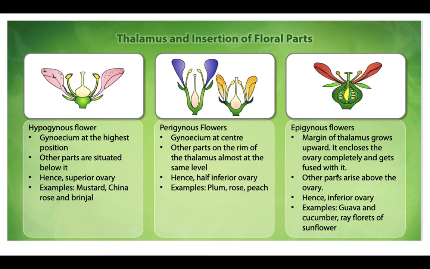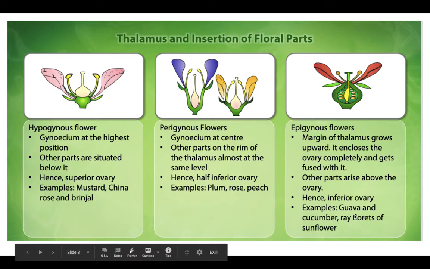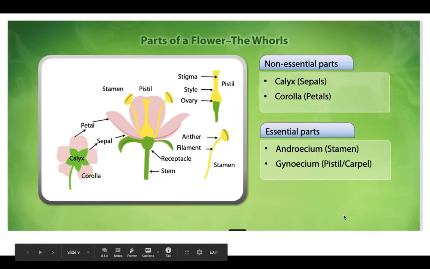Other parts in such a condition of the flower arise above the ovary, and hence the ovary is considered an inferior ovary. Examples of such flowers are guava, cucumber, and ray florets of the sunflower.